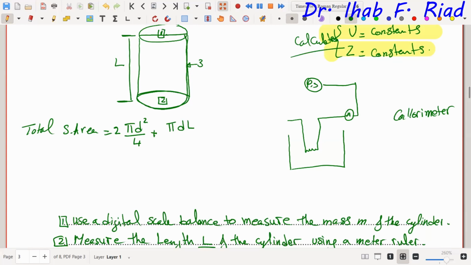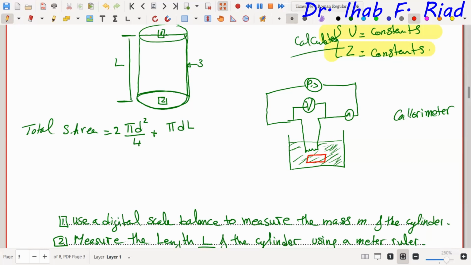It's our power source. And over here we have a voltmeter. We fill the calorimeter with water, and we put inside of it the object that we would like to calculate the specific heat for.